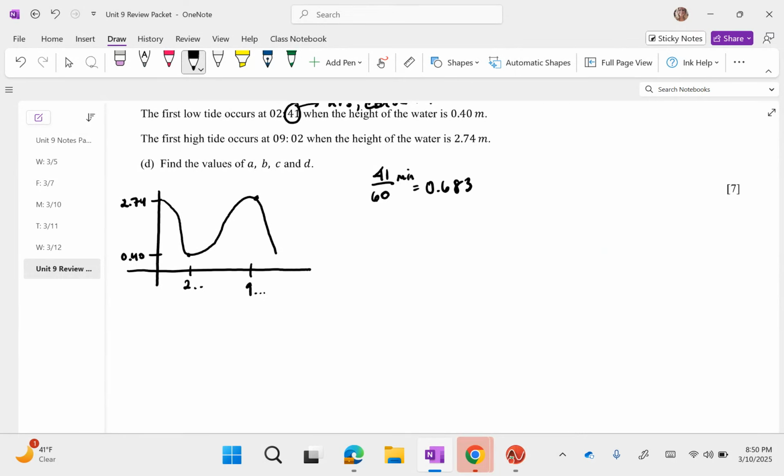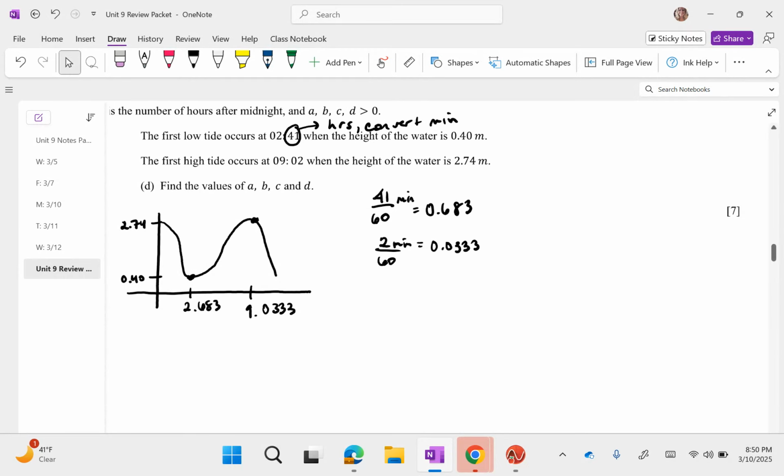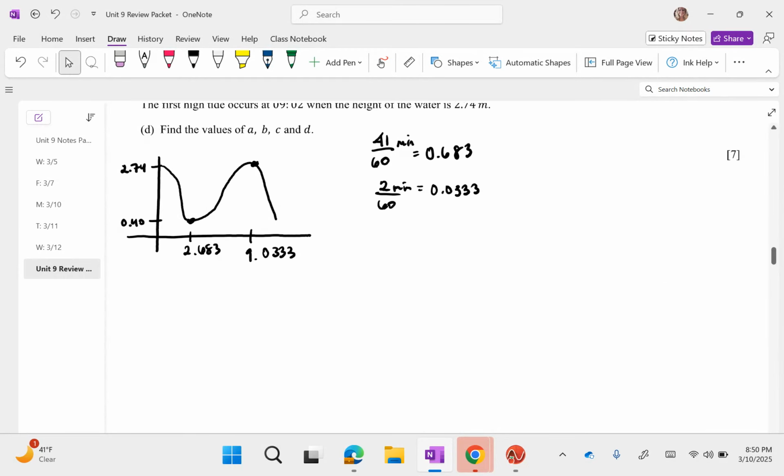So this is going to be 2.683. And then for 9:02, I'm going to do 2 minutes divided by 60. And that's going to give me 0.0333. Okay, so I have my 2 points now for the max and the min. The graph is a little funky looking, but you know what I mean, right?